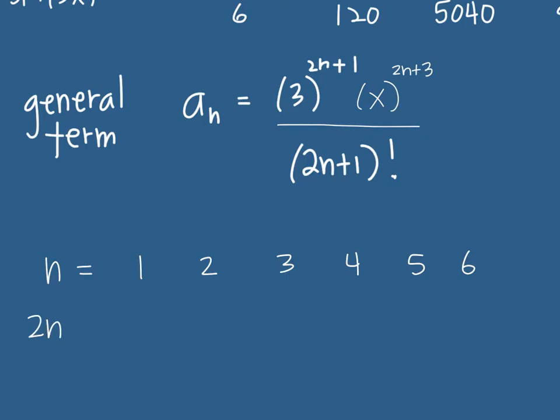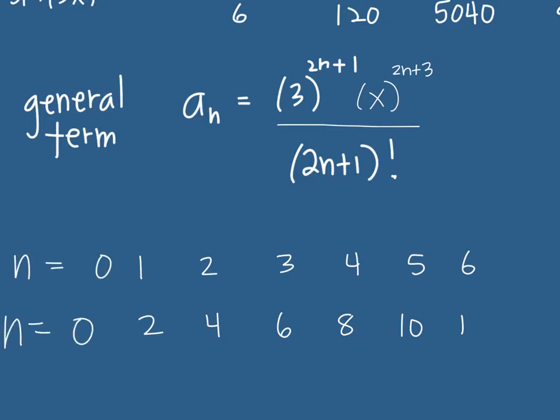Because if you double everything, that will give you 2, 4, 6, 8, 10, 12. I need to add 0 because we're starting with 0.